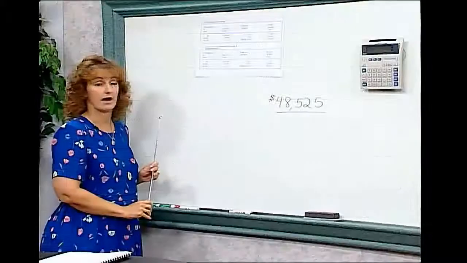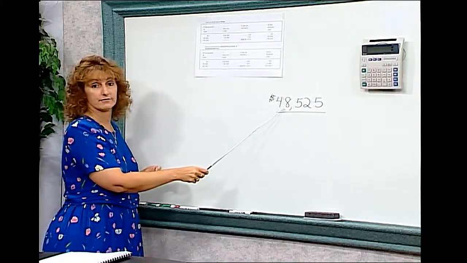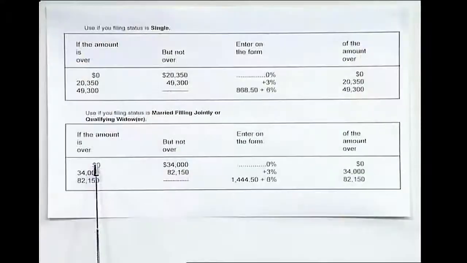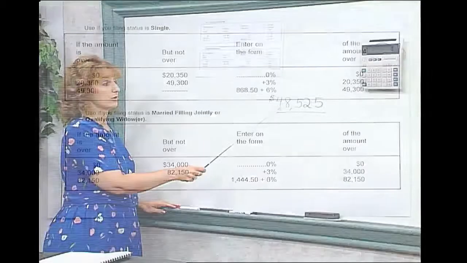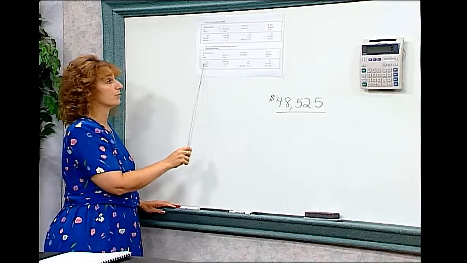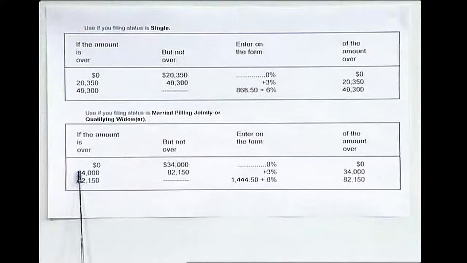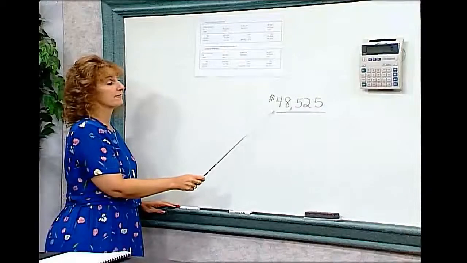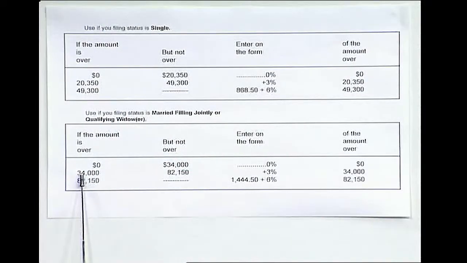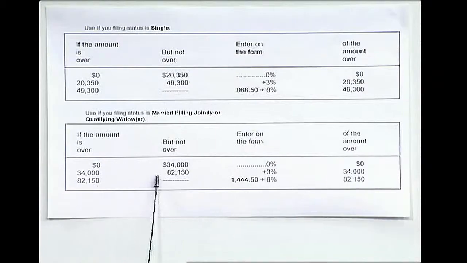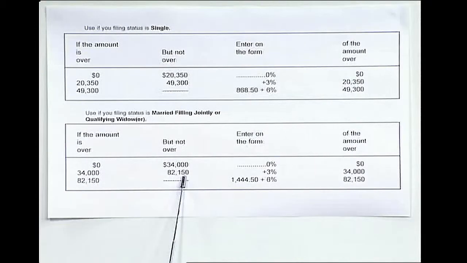We have to decide, is $48,525 between 0 and $34,000? Since it's larger than $34,000, we cannot use this first line. If they had, they would pay no tax. But they've made more. So we look at the $48,000 and we see that it comes in between the $34,000 and the $82,150.